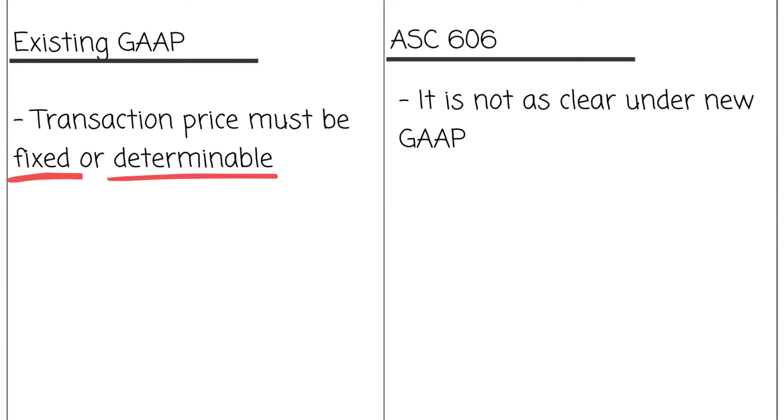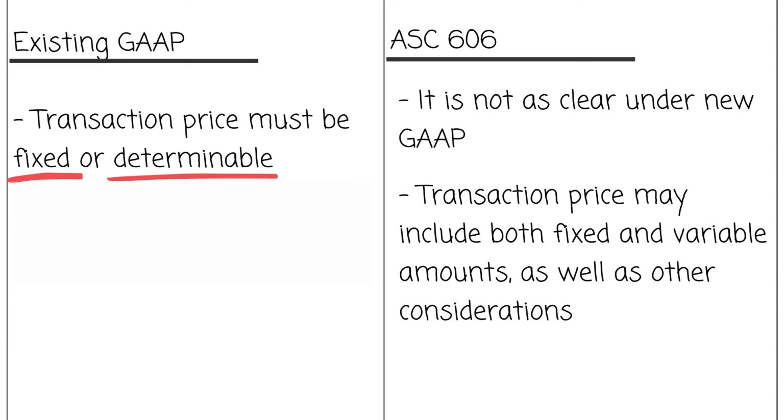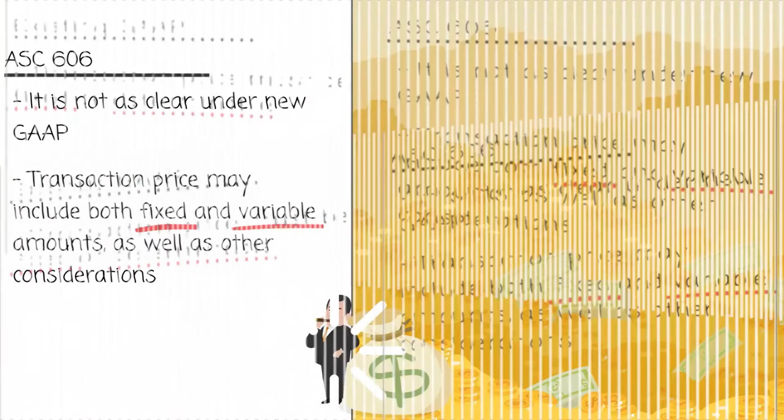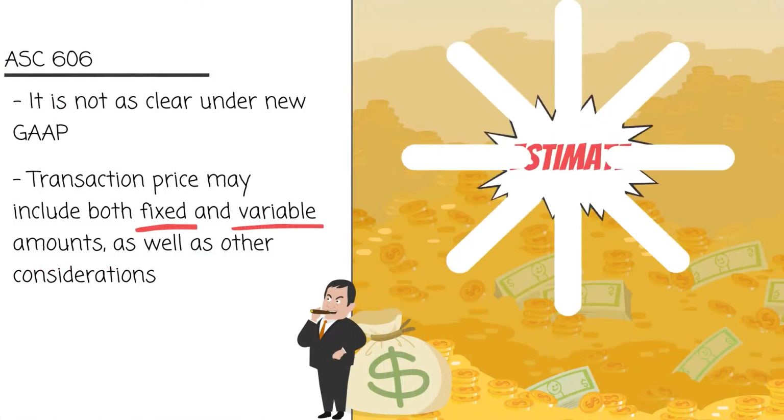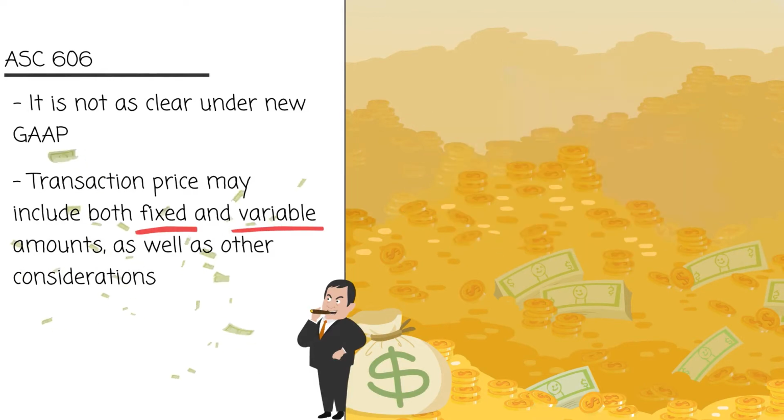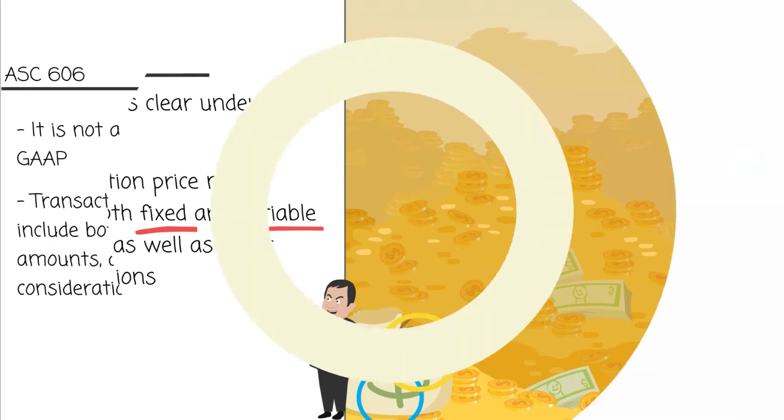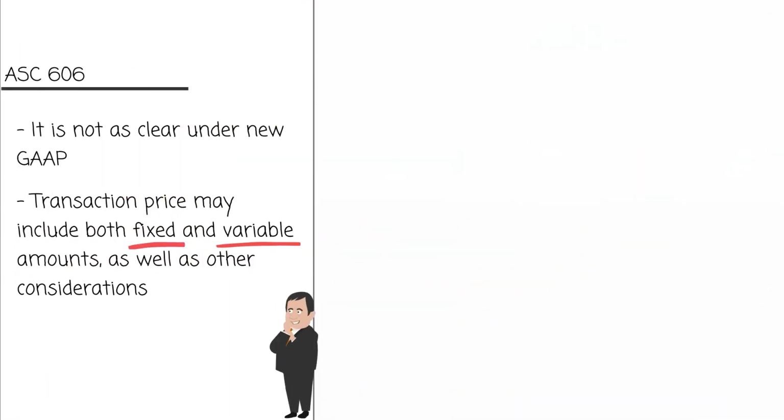However, it's not as clear-cut under ASC 606, as the transaction price may include both fixed and variable amounts, as well as other considerations. This means that the transaction price is actually an estimate made by management, and significant judgment may be involved. However, we must keep in mind that only the amounts likely to be realized can be included.